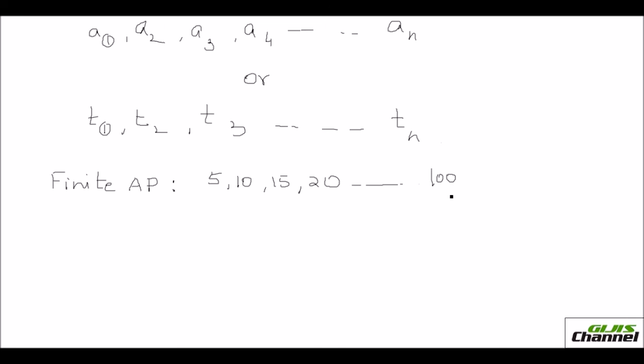If you know the end point of an arithmetic progression, then it is a finite arithmetic progression. Infinite arithmetic progression says that you don't have the last term and it is left like infinity. 5, 10, 15. Likewise, it keeps going. Okay, it is infinity. We don't know what is the last term. So, arithmetic progression can be finite or infinite.